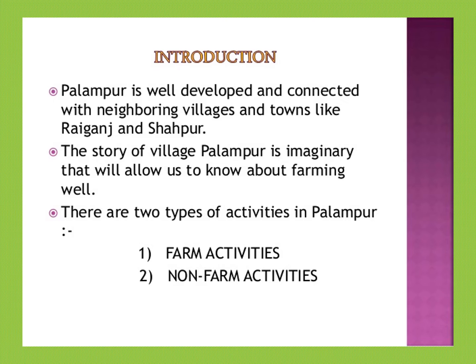Thus, Palampur is well connected and well developed with neighboring villages and towns like Raiganj and Shahpur. And we also know it's an imaginary hypothetical village which will allow us to know about farming very well. And there are 2 types of activities in Palampur, farming activities and non-farming activities.